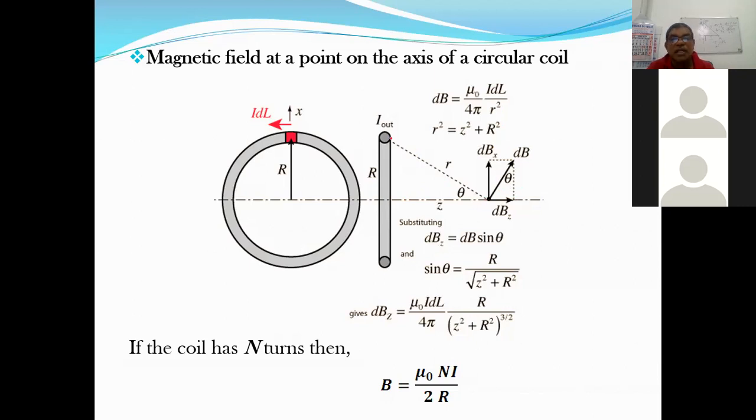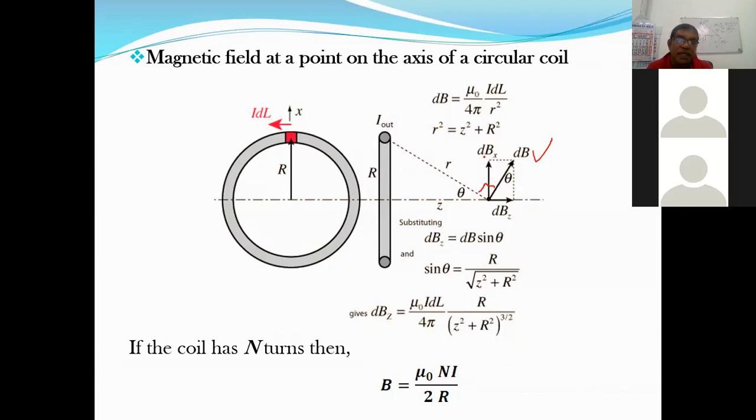Now due to this small segment, the one you have drawn, the magnetic field is in this direction, the perpendicular direction. That is the dB. But we want to know the component along the axis and perpendicular to the axis, right?